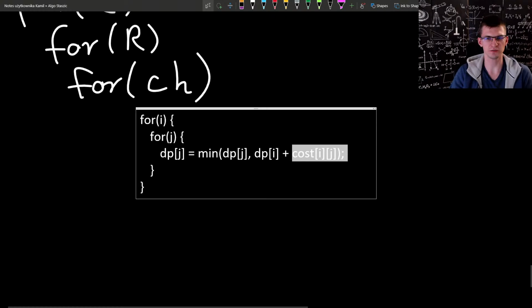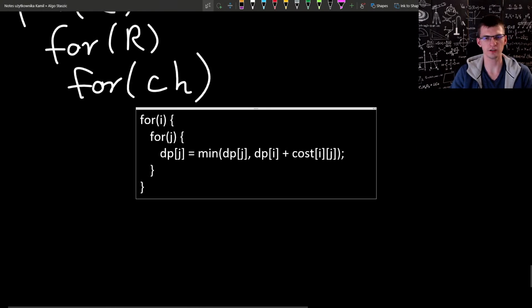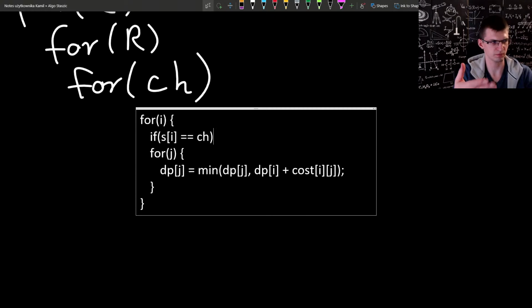Cost ij is the cost of a yellow interval, so just the main dp cost of an interval. And also we need to say if the next character, so s of i I guess, is equal to the special character, in my drawings it was always character b, then dp of j is equal to dp of i plus 1. We don't pay for that extra. We can skip one character.